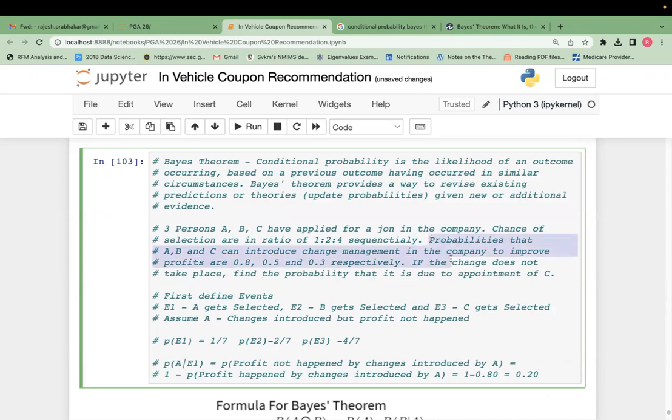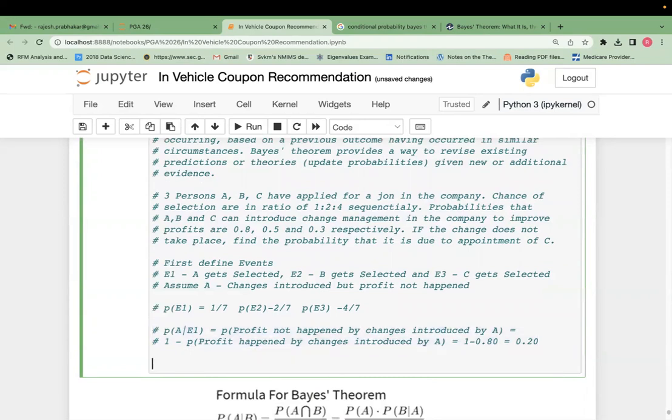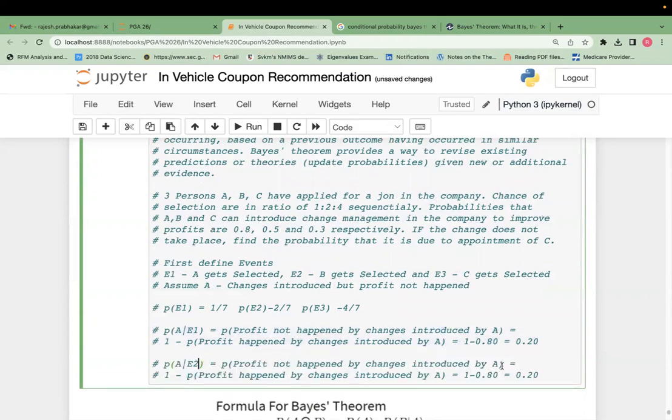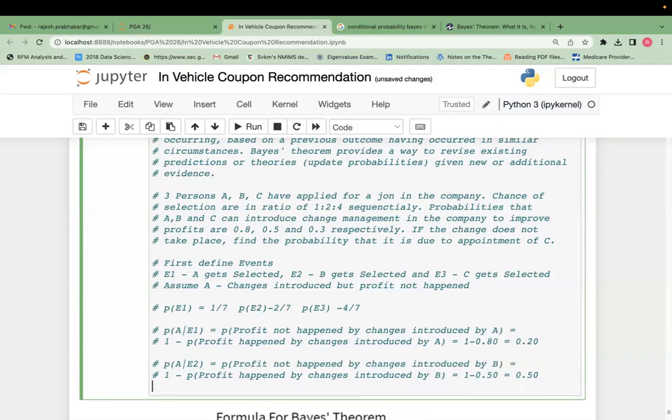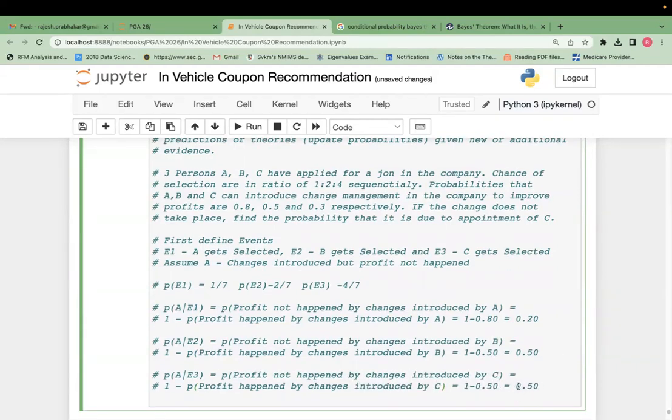The probabilities that A, B and C can introduce change management to improve profits are 0.8, 0.5, and 0.3. Profit not happening by A is 1 minus profit happened by A, if A is selected. Given event 2, change introduced by B, it is 0.50. Given event 3, introduced by C, 1 minus 0.30, which will be 0.7.